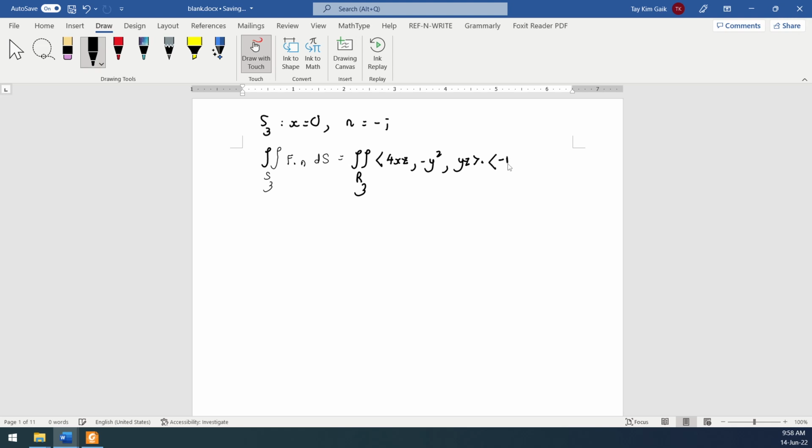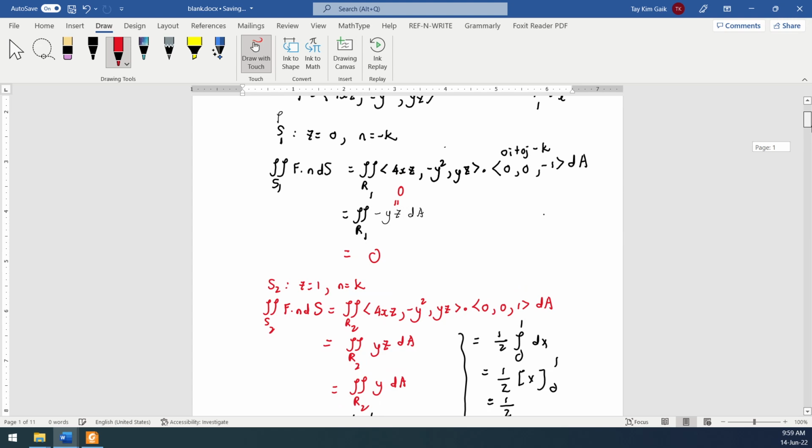So component i is negative 1, component j is 0, component k is 0, dA. Doing the dot product, only component i consists of value, so it's negative 4xz dA. On surface 3, x equal to 0, so that's why the integral, the third result, you get 0.